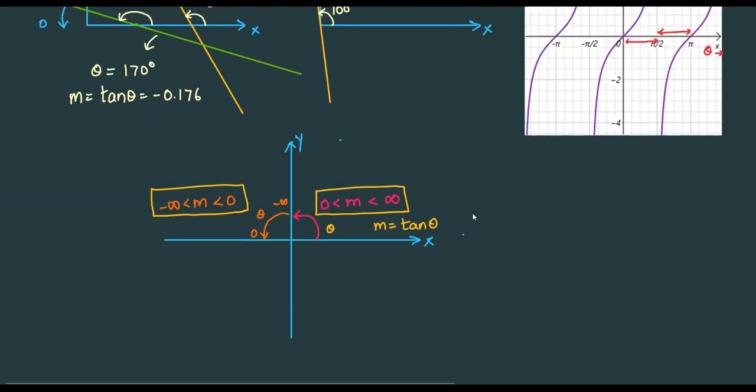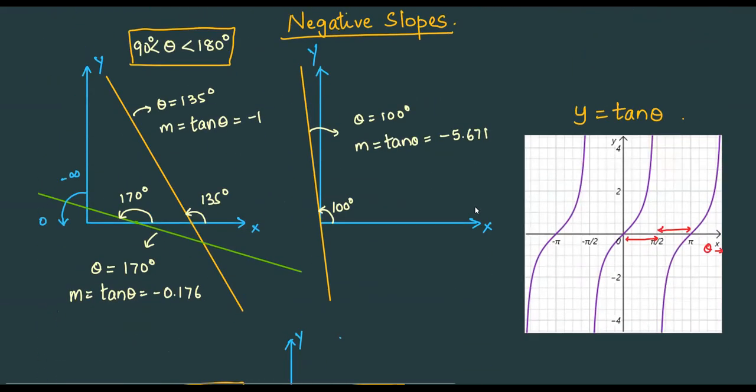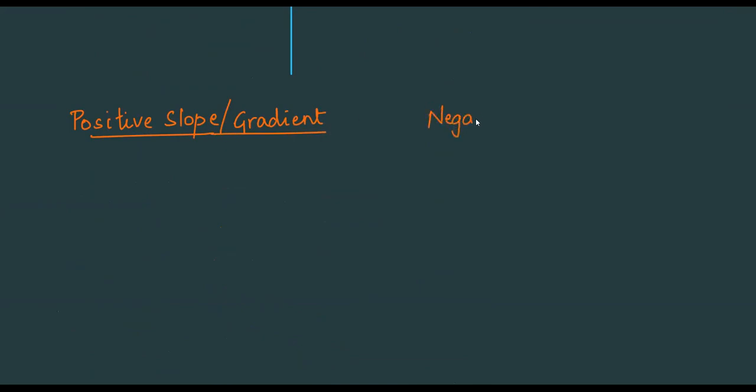Now, why is it called a gradient? Okay, now look at this. What is meant by a positive slope and a negative slope? Or a positive gradient, and we have a negative slope or a negative gradient.